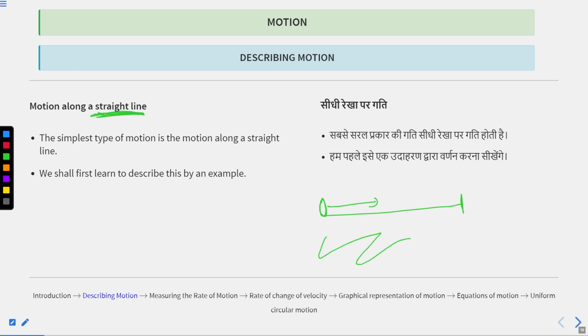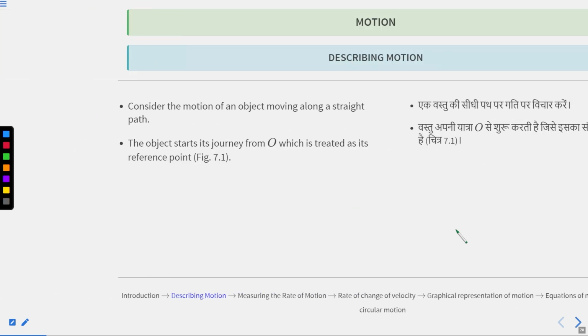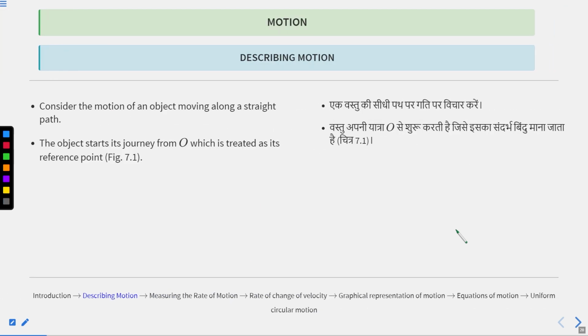Other motions like zigzag motion, circular motion or spiral motion are a little difficult. The simplest type is the motion along a straight line. Now let's understand motion along a straight line through an example.